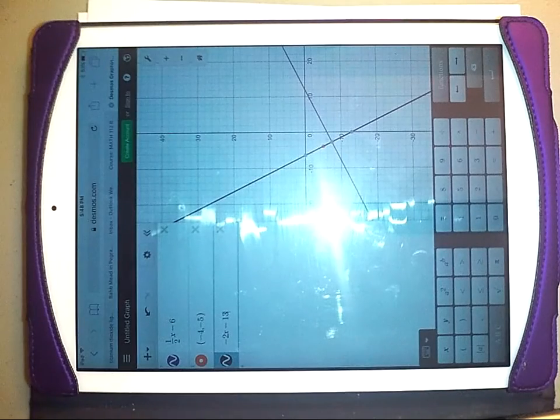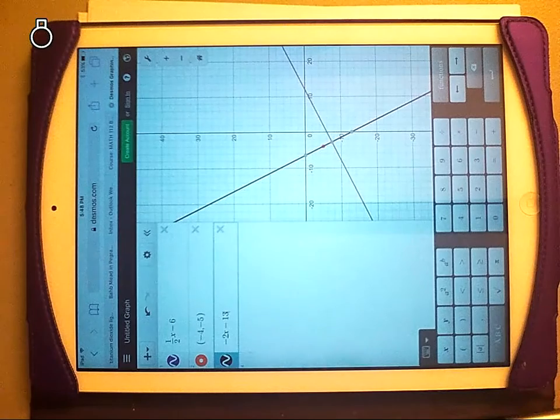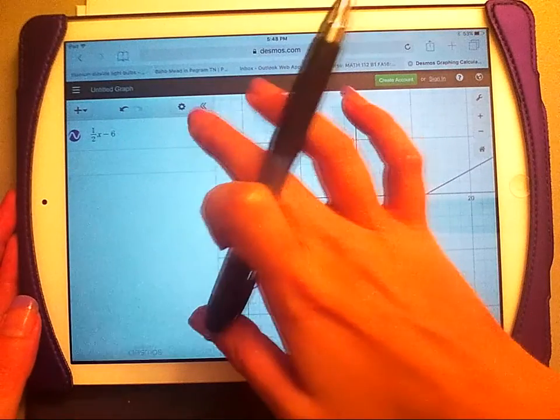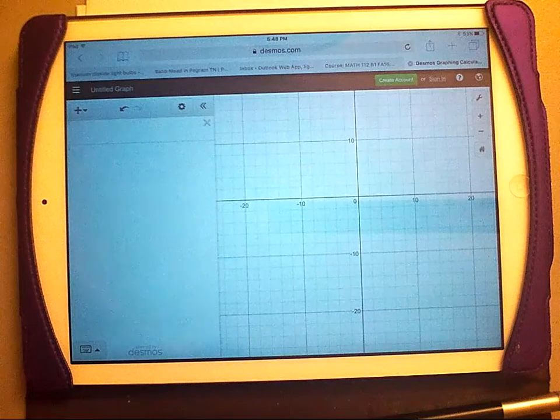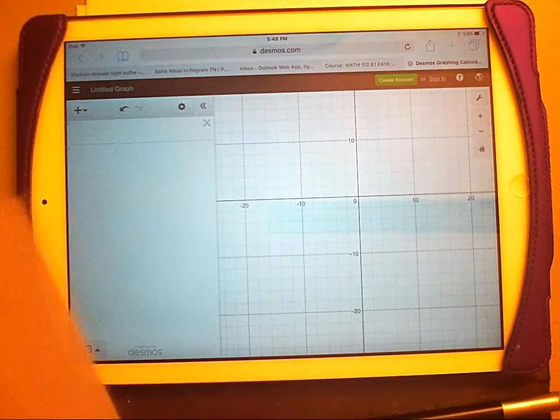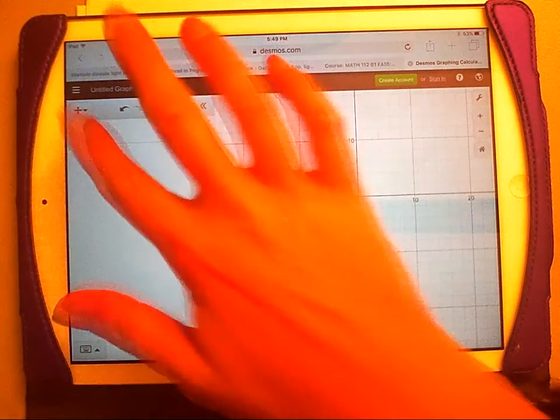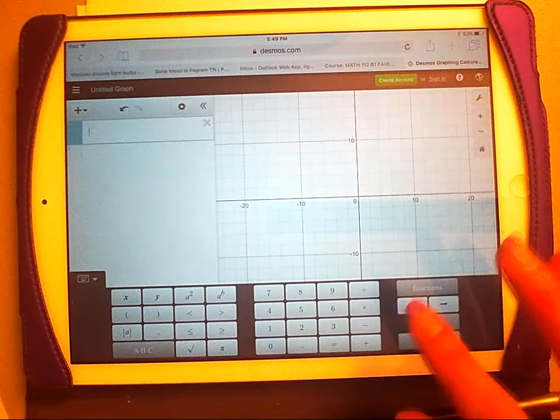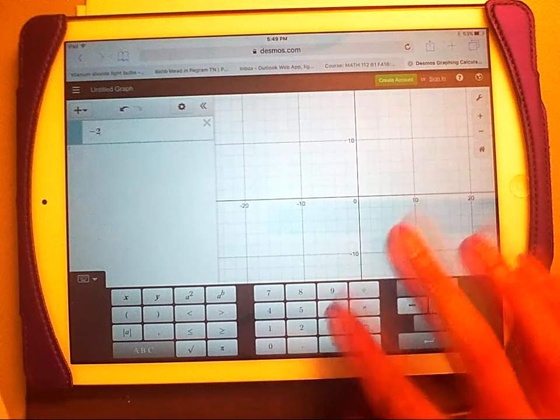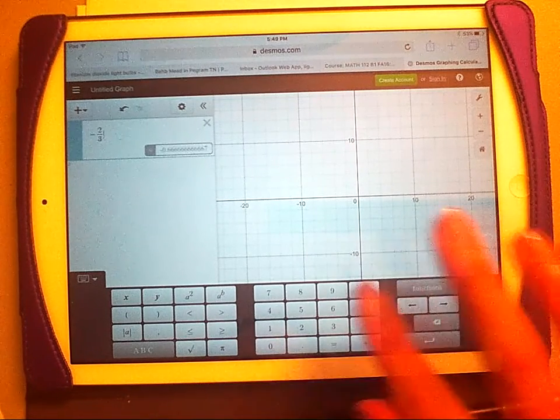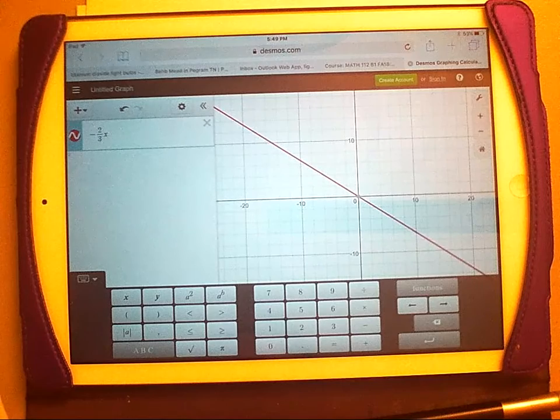Now let's put these in decimals so you can see what's happening there. Okay, so I'll take these off. So our first one, our line was given to us as negative 2 divided by 3 x.